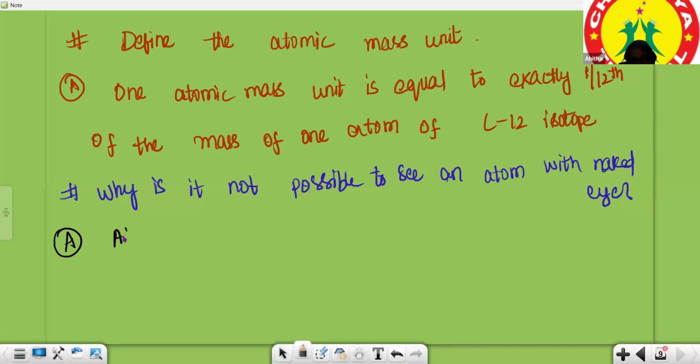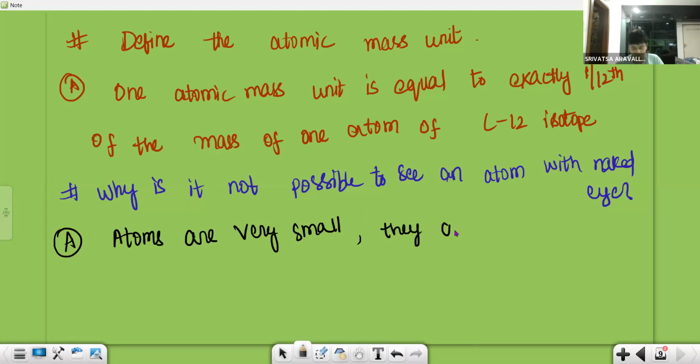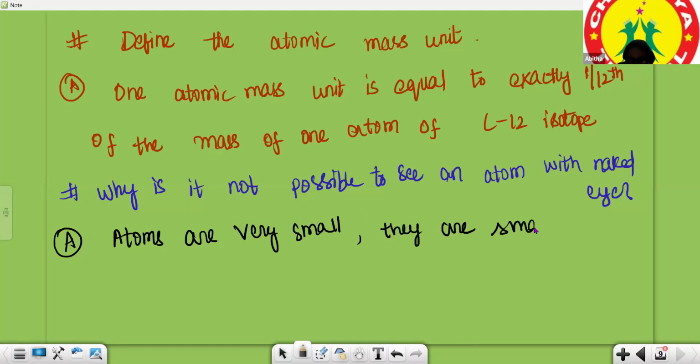So we can write atoms are very small. They are smaller than anything actually. Nothing is smaller than that. So they are smaller than anything we can imagine.